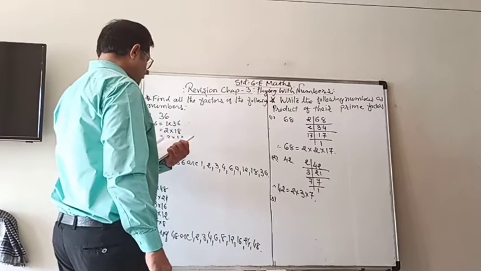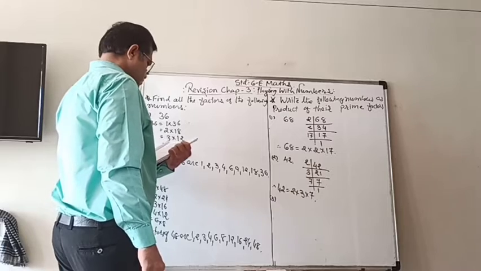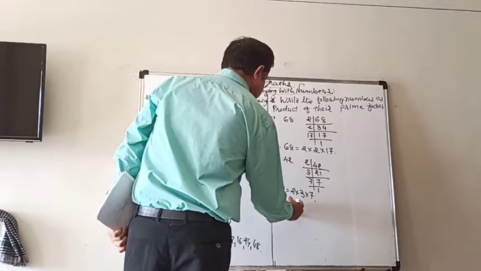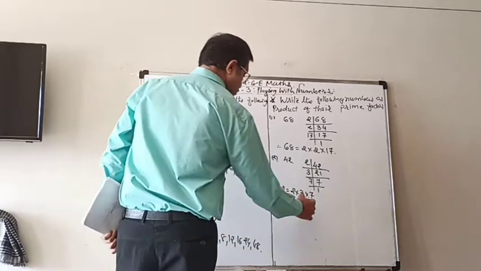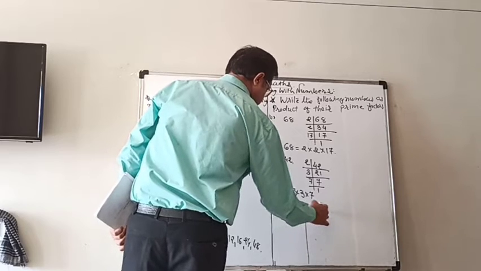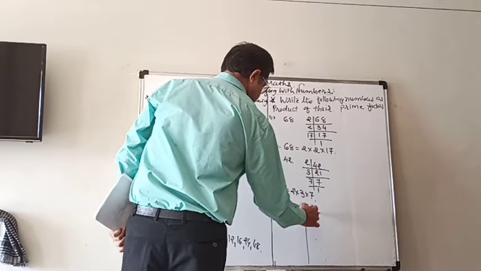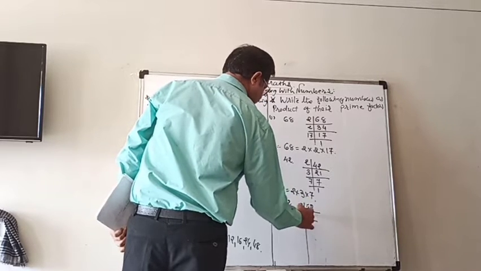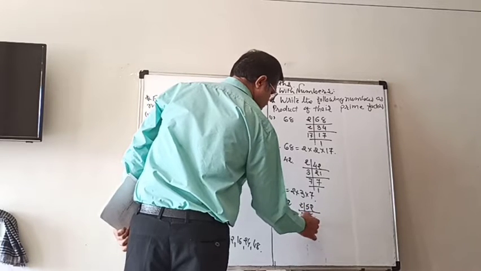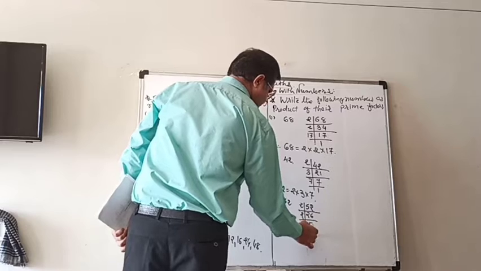Let's take one more. 52. So now 26 twos are 52, 2 13s are 26, 13 ones are 13.